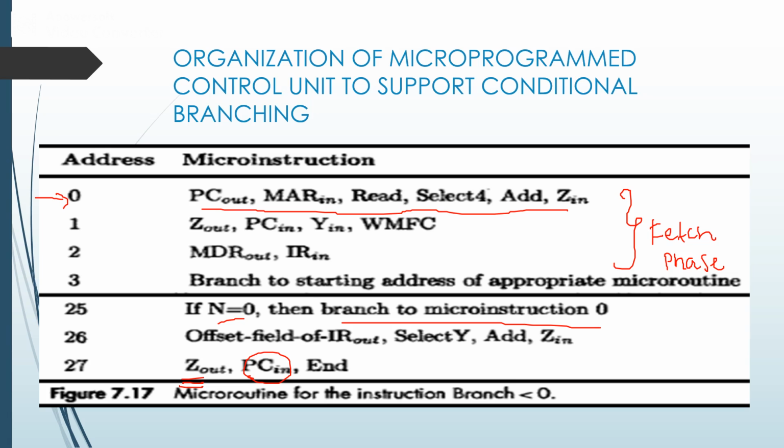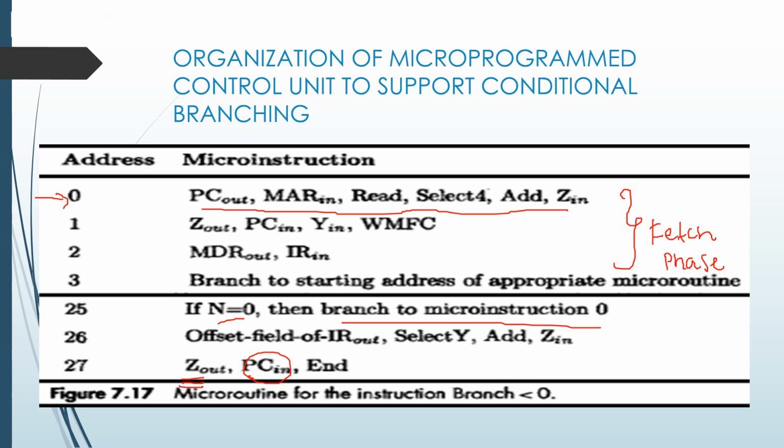The micro instruction at this location is checked with respect to the value of n. If the bit n is set to 0, a branch takes place to location 0 in order to fetch a new machine instruction.